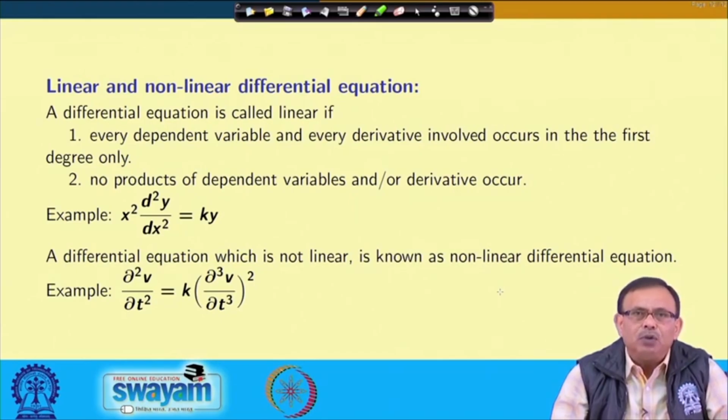Please see that we have used the whole square here, therefore it becomes nonlinear. So, if the partial derivatives and the dependent variables occur in the first degree only, then we call it linear, otherwise it is nonlinear.